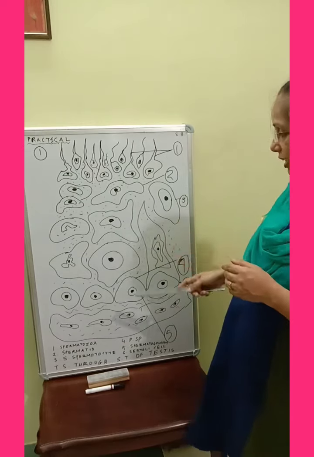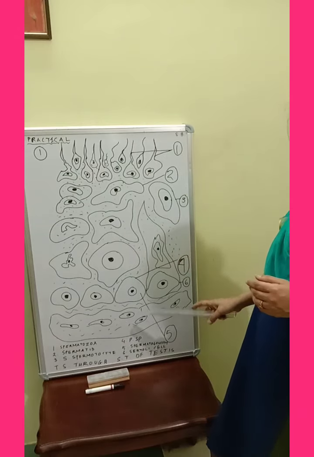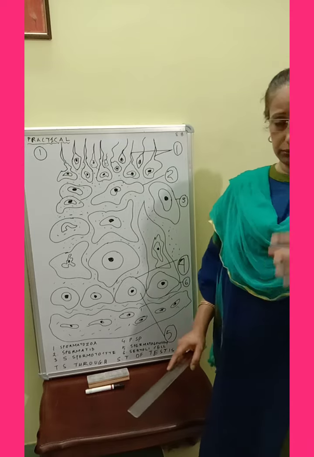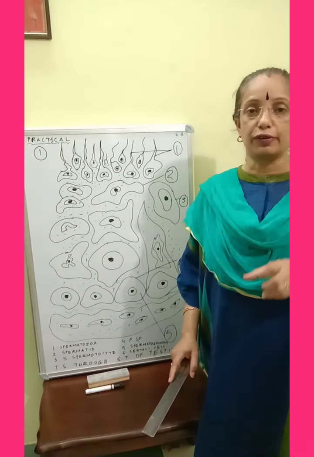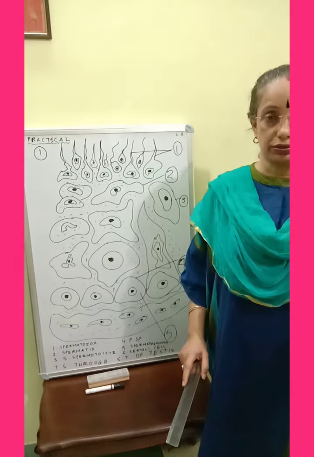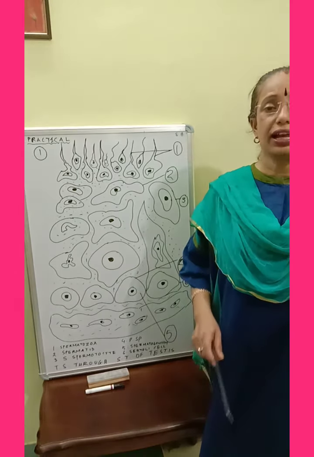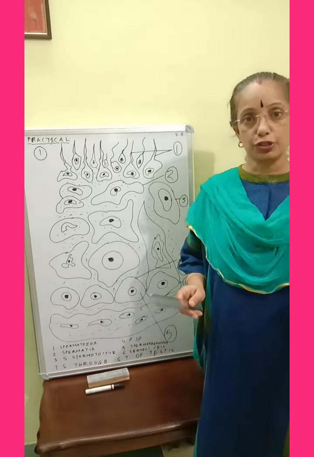And who is providing nourishment throughout? That is the Sertoli cells, number 6. Sertoli cells are providing the nourishment in this journey to the sperm mother cell and the various stages of sperm.